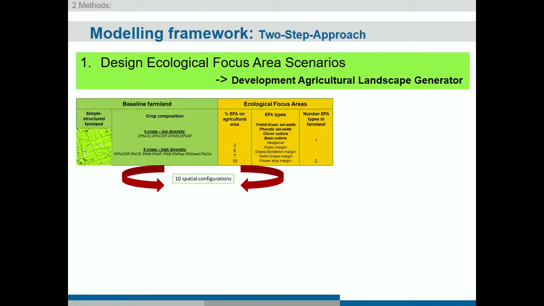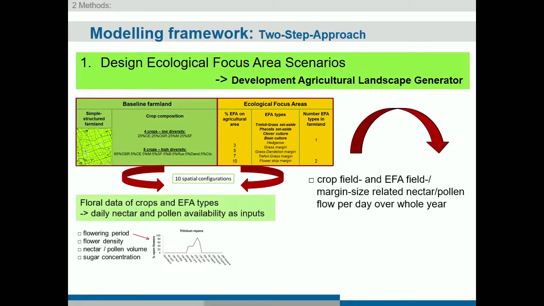And here we implemented a simple structured farmland and different baseline farmlands of different crop compositions of low and high diversity. And also we define here the ecological focus area types and coverages on the agricultural landscape area, and also their spatial configurations.